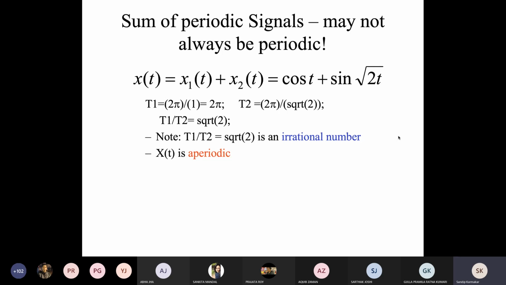So T1 equal to 2 pi, T2 equal to 2 pi by square root of 2, T1 by T2 equal to square root of 2. Note T1 by T2 is not a rational number, it is an irrational number, thus x(t) is aperiodic. Whatever you were asking, now it is clear? Okay, sir.